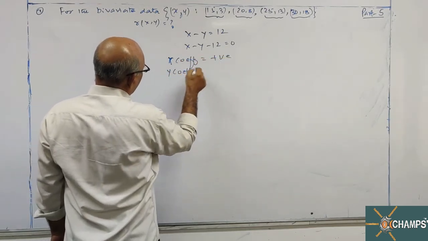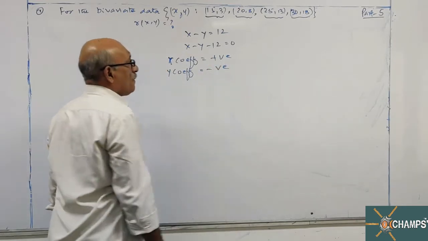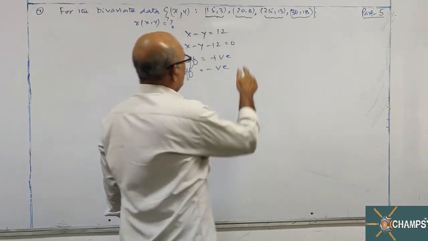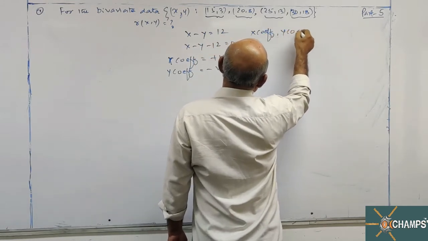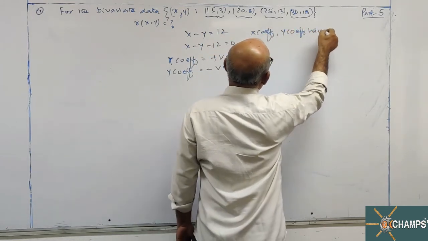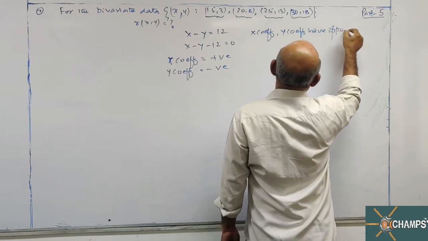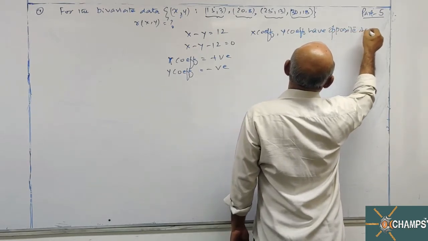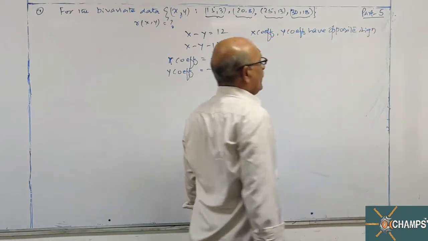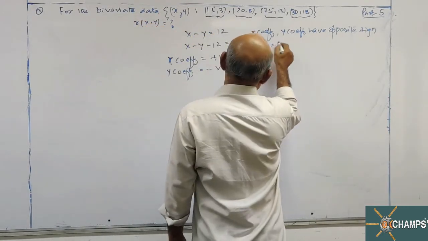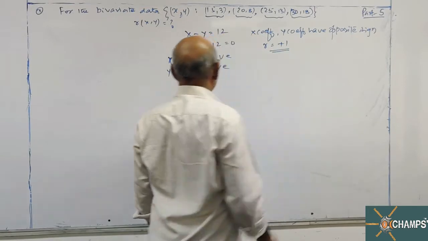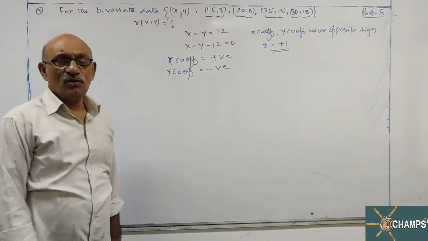Y coefficient is negative. Now x coefficient and y coefficient have opposite sign. Therefore, r is equal to plus 1.